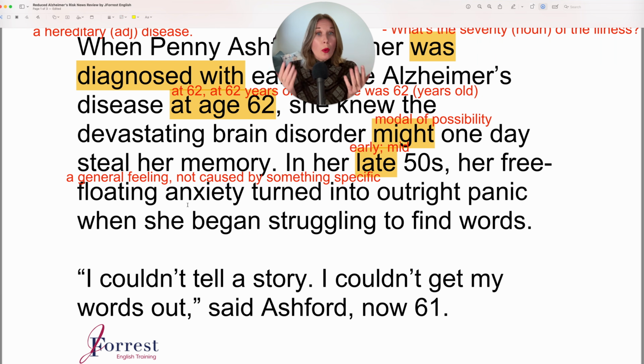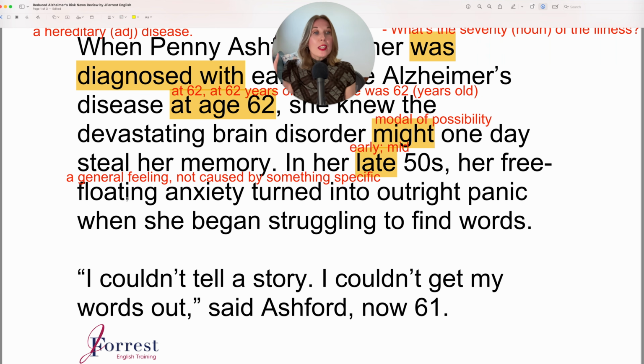If you don't have a speech tomorrow, you have nothing on the calendar, it's just a regular Sunday, and you have nothing specific to cause you concern, but you still feel anxiety, that's free-floating. So it's a general feeling. It's not caused by something specific. So you can't identify why you feel anxious.